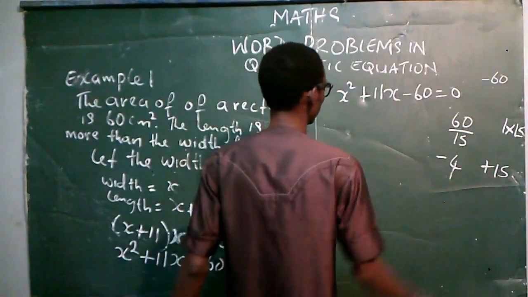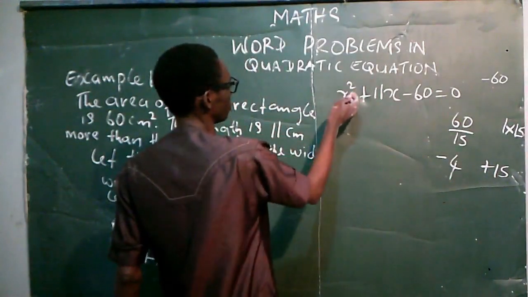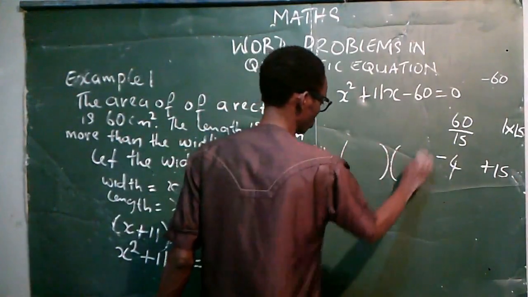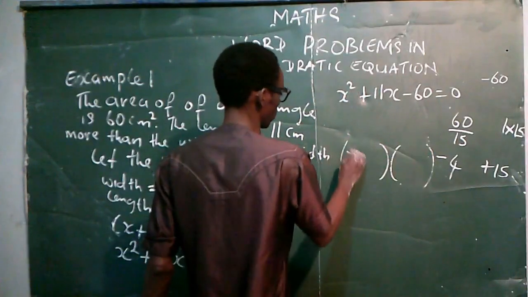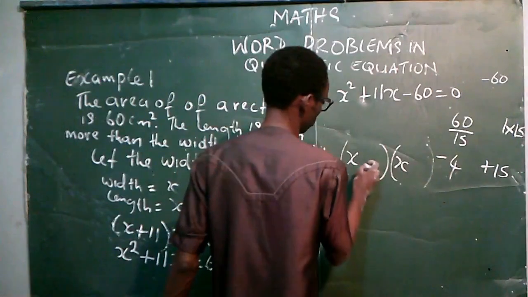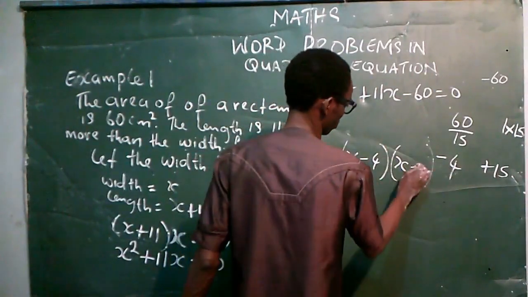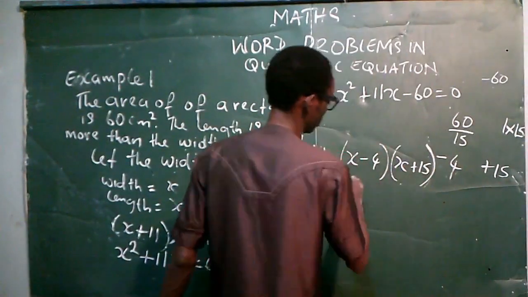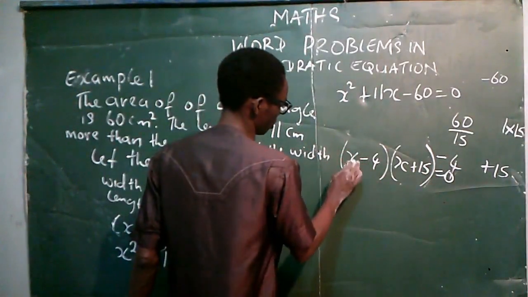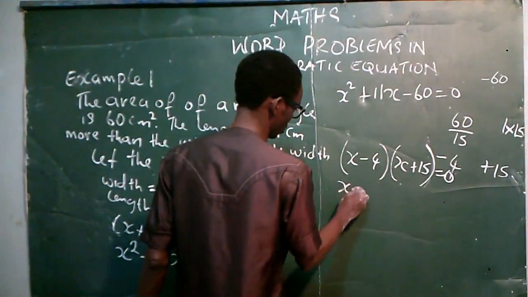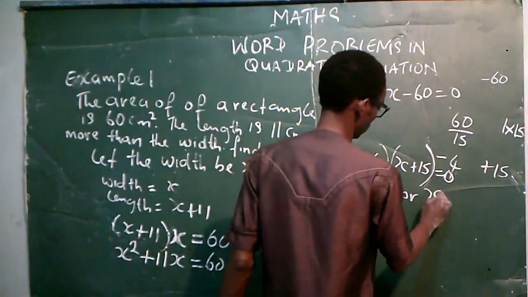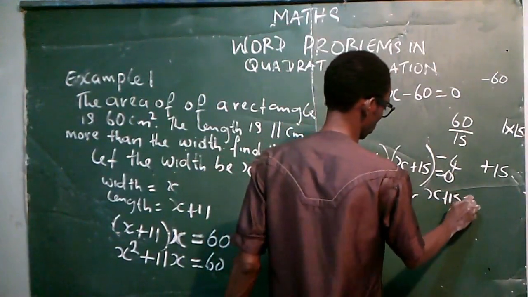So having gotten the two numbers, since the coefficient of x squared is 1, just go ahead and do this. x squared: put x here so that x times x will give me x squared. The next thing is x minus 4 times x plus 15 equal to 0. If x minus 4 is equal to 0, or x plus 15 equal to 0.